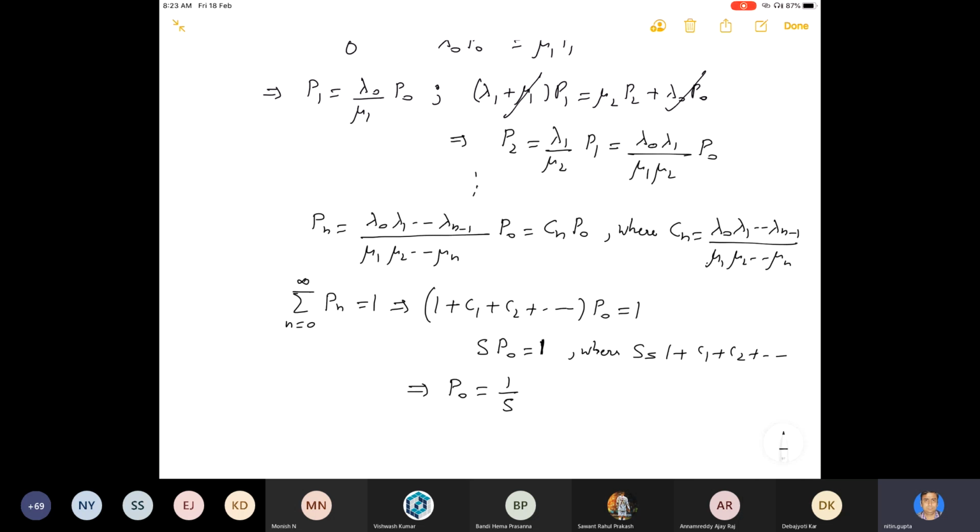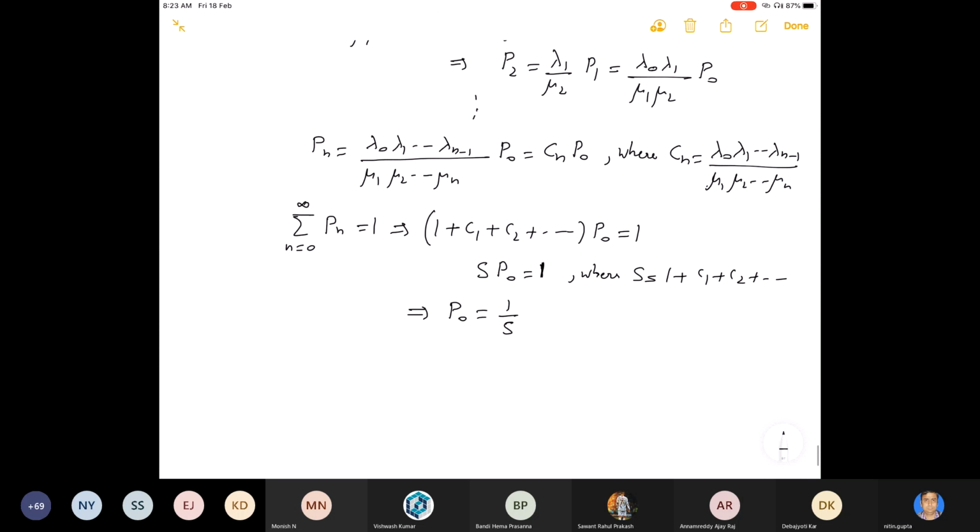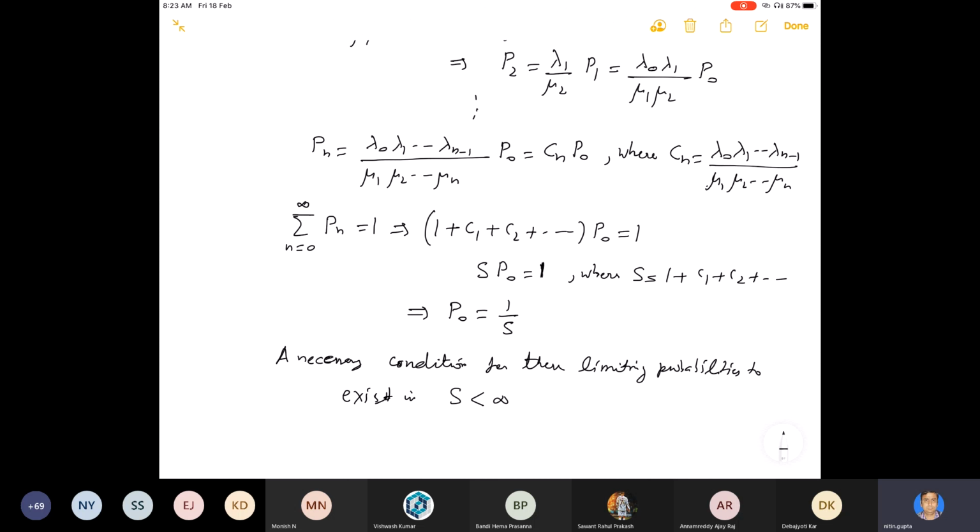So a necessary condition for these limiting probabilities to exist is that this S should converge.